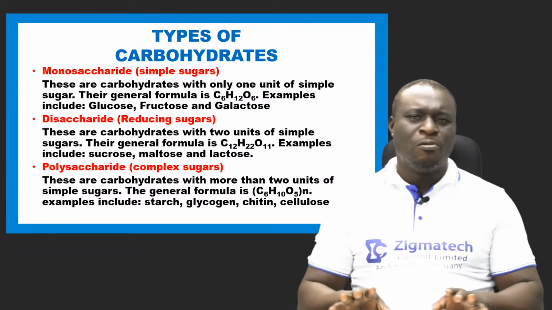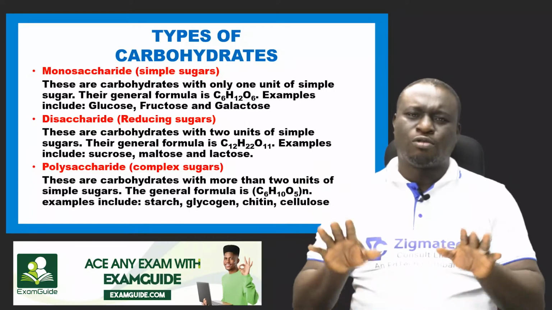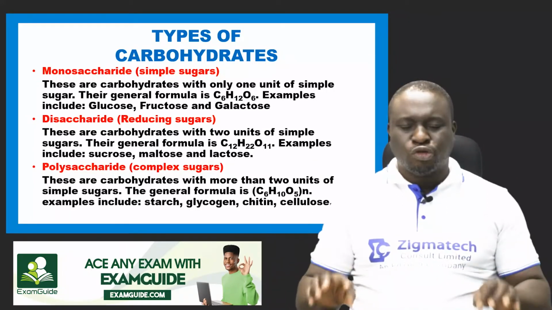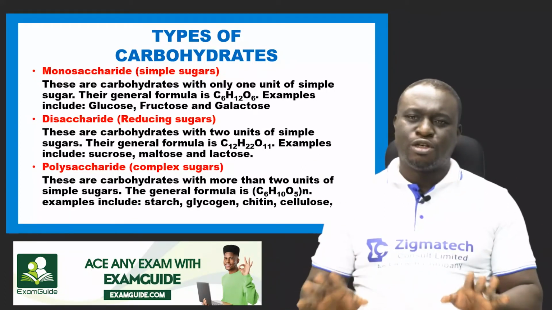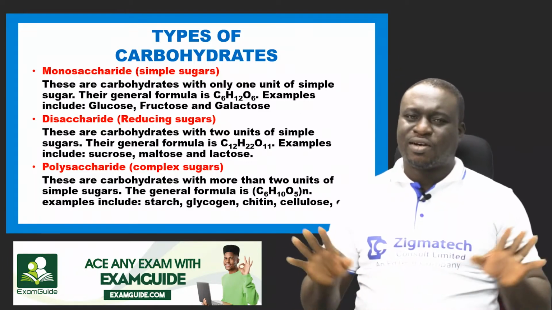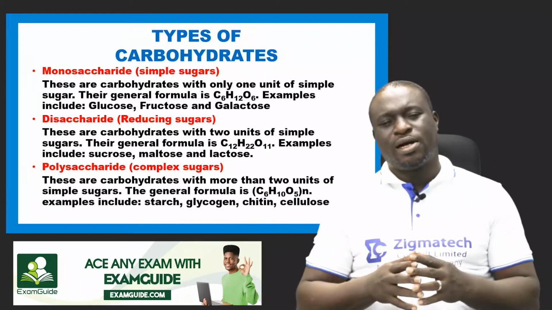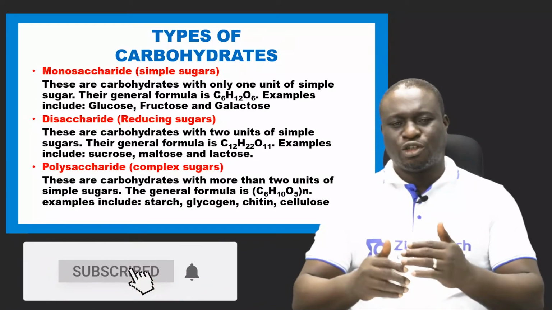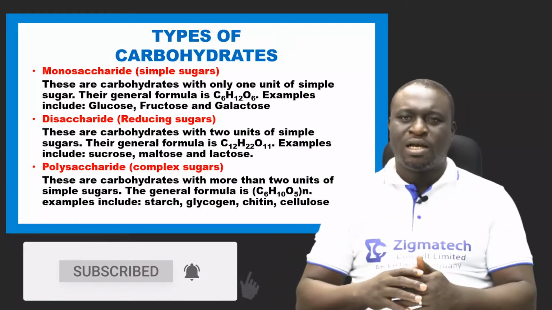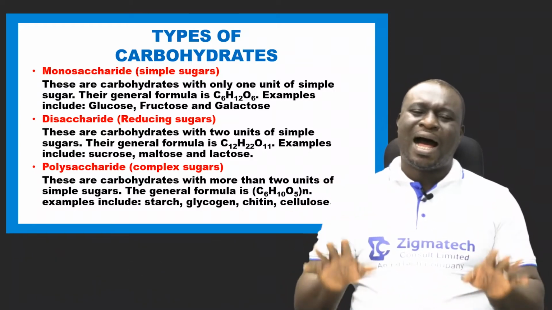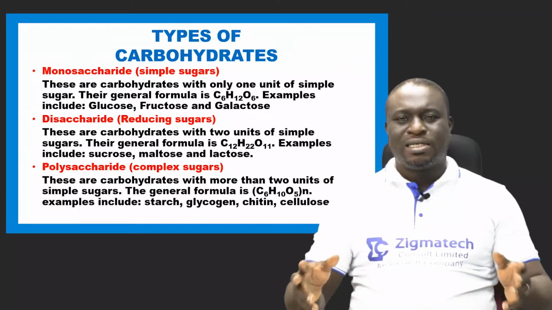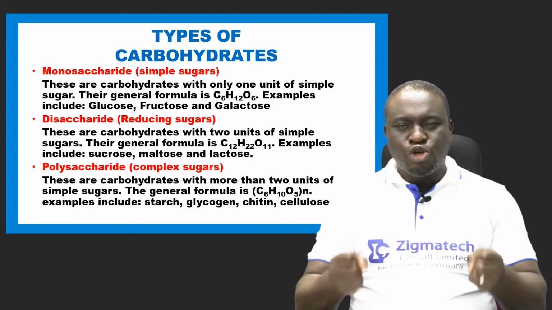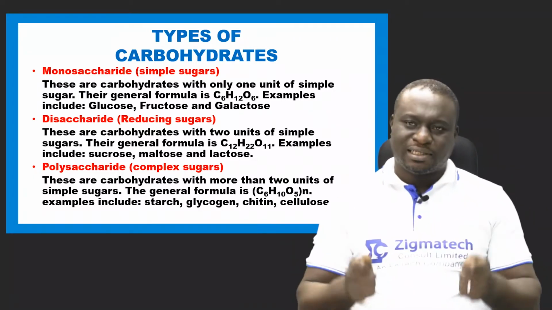Like I said before, they are the simplest form of sugar that can be used by the cells. Disaccharides and polysaccharides cannot be used directly by the cells. They have to undergo digestion or breaking down processes.